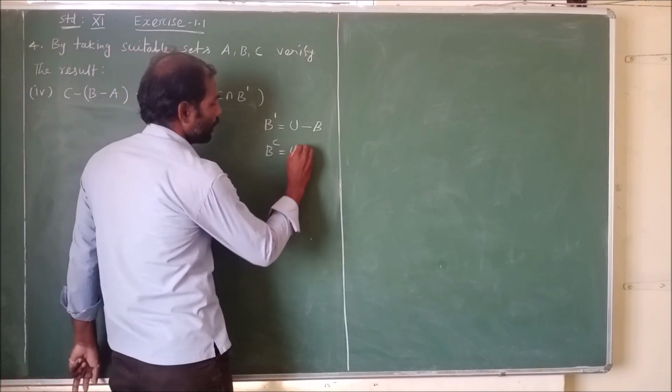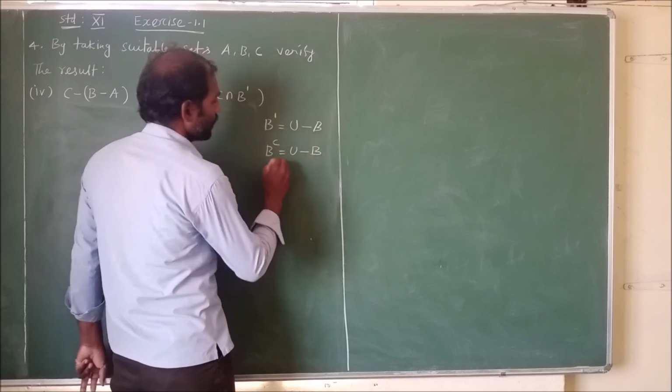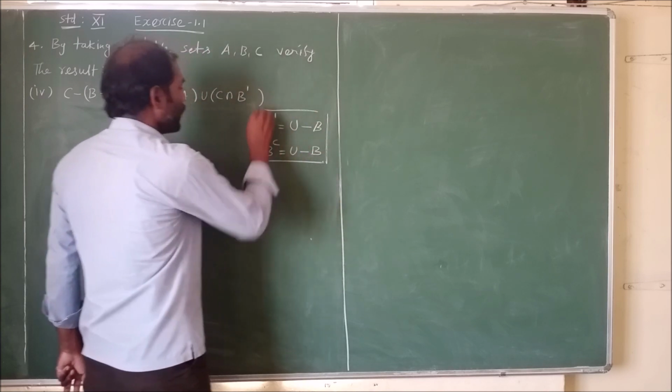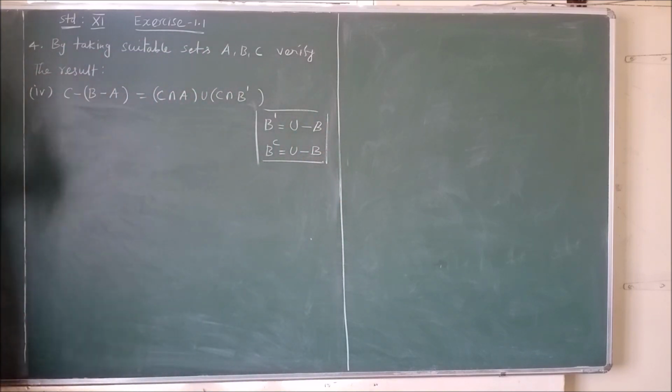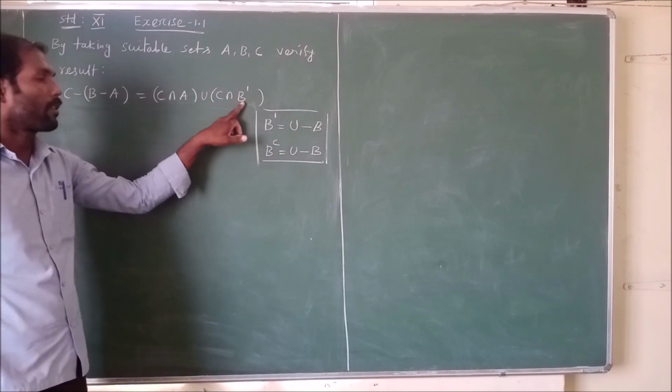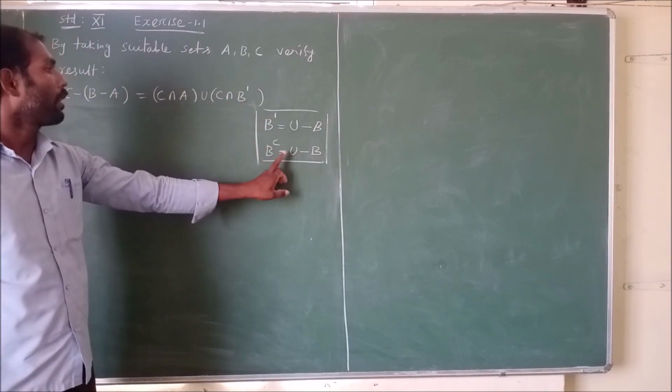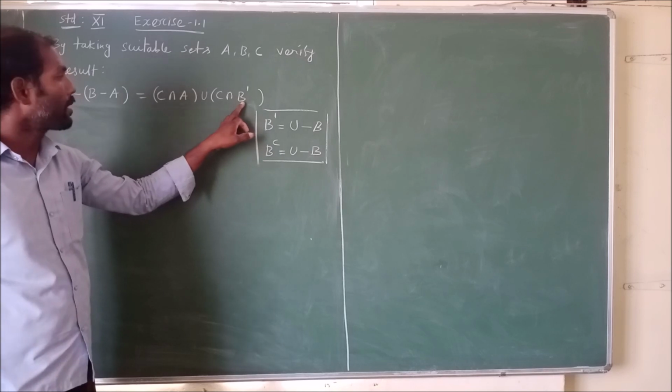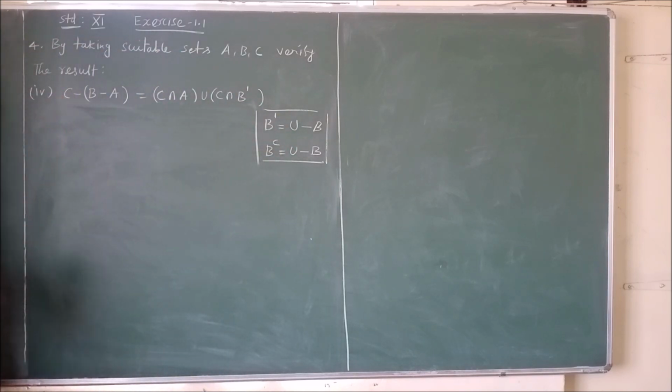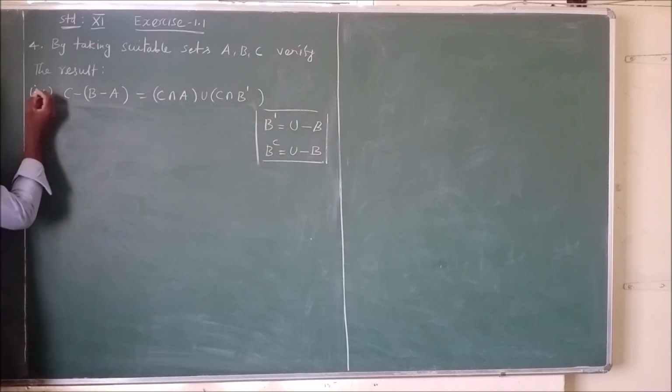Both have the same meaning. First we have to find B dash, and after that A, B and C. So let us see the solution.